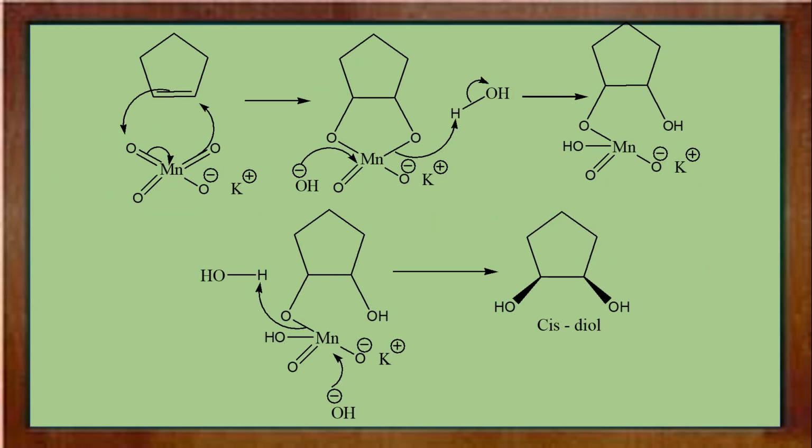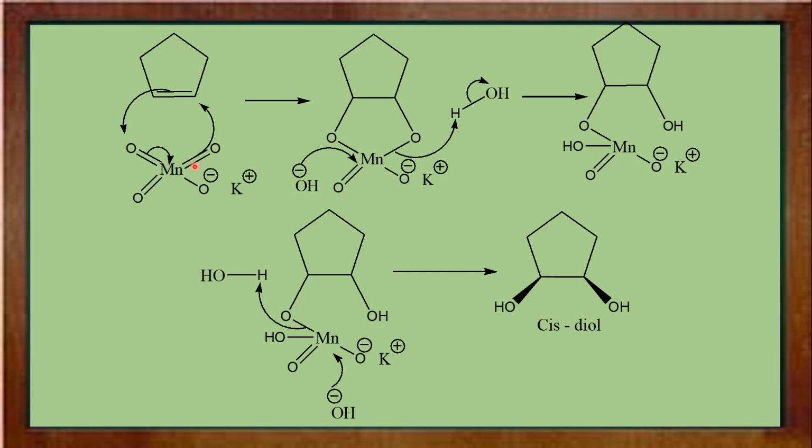Here is an example for dihydroxylation of an alkene with aqueous alkaline solution of KMnO4. So here KMnO4, potassium permanganate, reacts with an alkene.